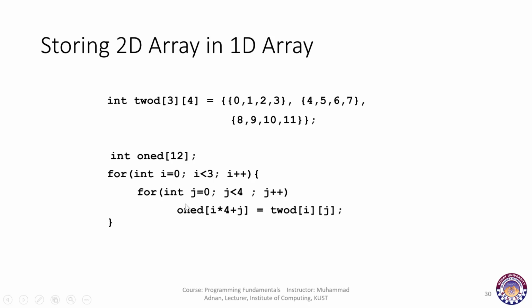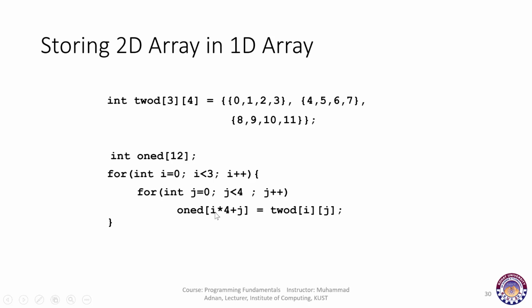So we move inside the nested loop where we declare another local variable j and assign it the value 0. This condition is true, so we move to this one. So what does that mean? i has the value of 0, so 0 times 4 plus j.